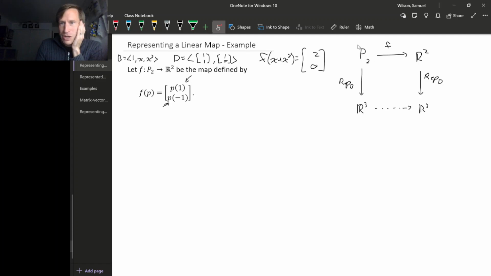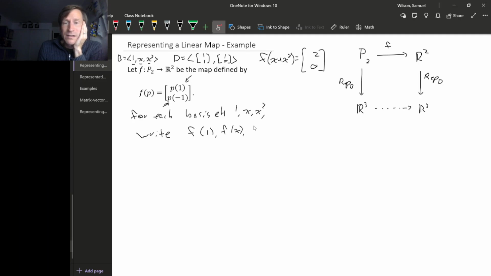All right, so what we're going to do is start with our basis elements, and we'll ask the question: for each basis element, 1, x, and x squared, we know we can write f of each basis element in terms of the basis D, right?